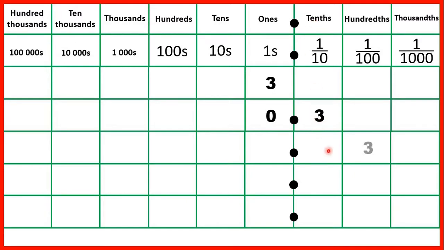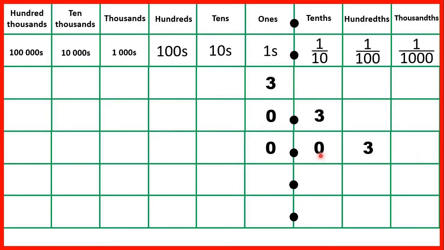What if we have 3 hundredths? All of our other place values are really zeros, but we don't need zeros in our whole number place value columns except for our ones column. And we don't need zeros on the end of decimals because all this zero here tells us is that we don't have any extra thousandths.